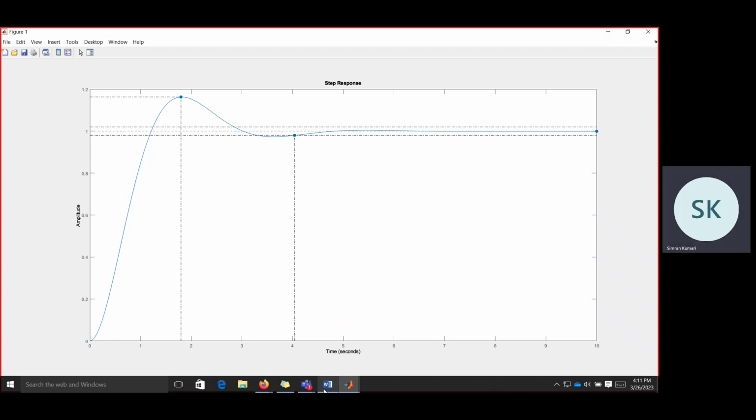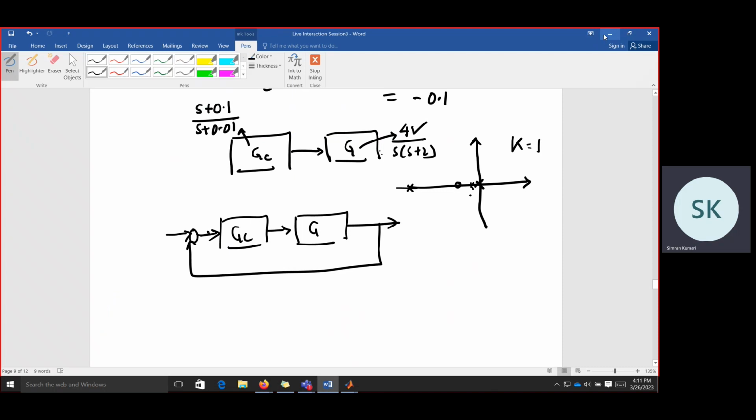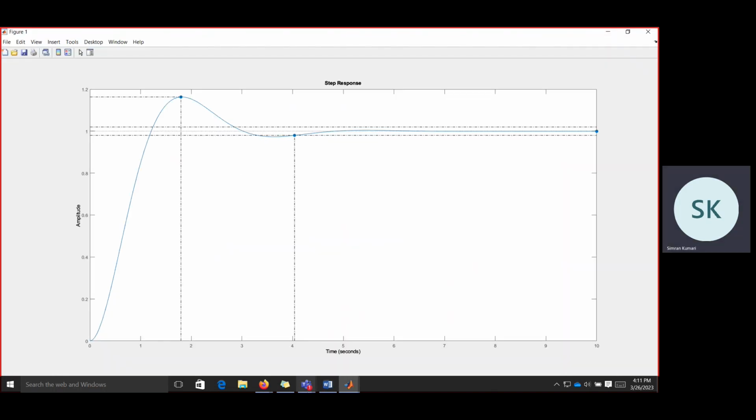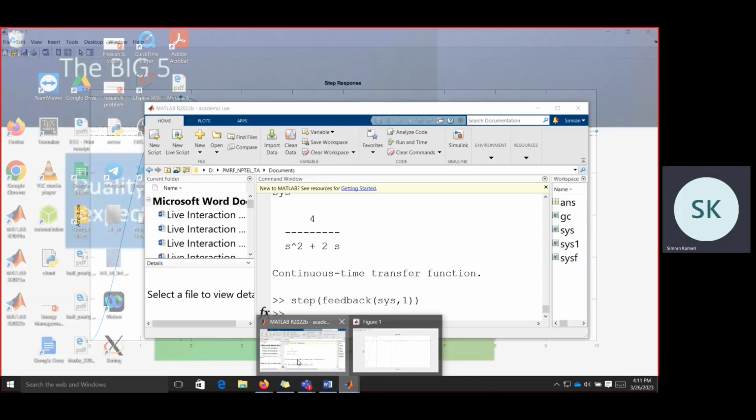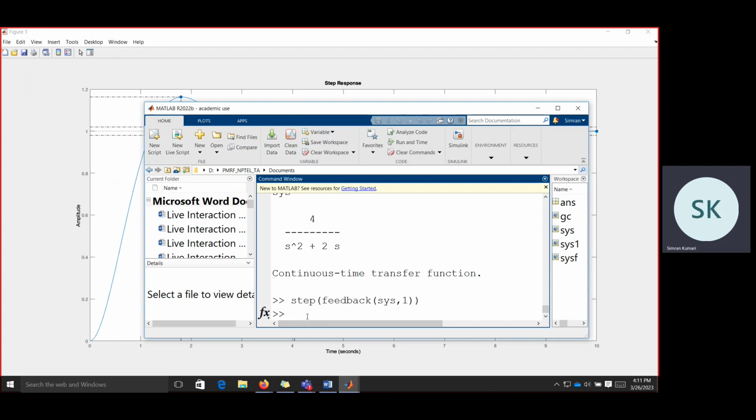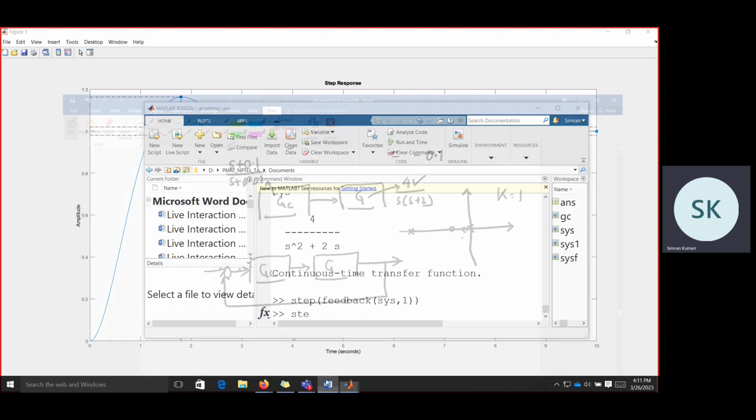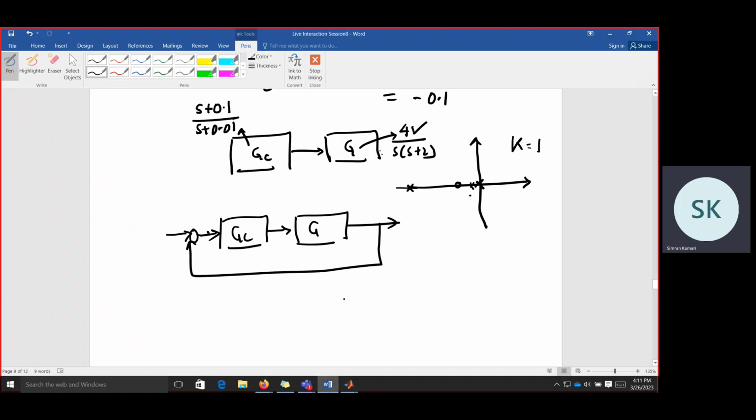Fine. We had this Kv, no? So we have to see with respect to this ramp. We have to apply a ramp. Now in MATLAB we don't have a ramp input. We have the step command to find the response to a step input, but when we are saying ramp, if the step is represented by 1 by s in Laplace, then the ramp we can represent by 1 by s squared.